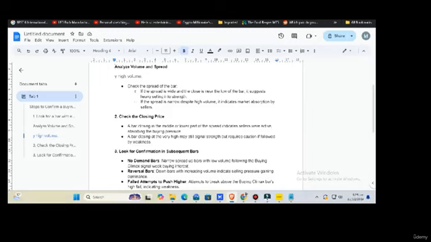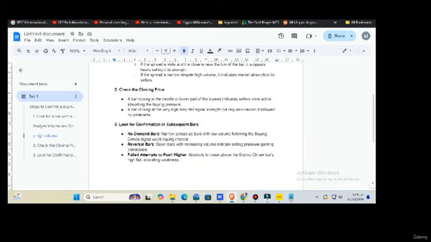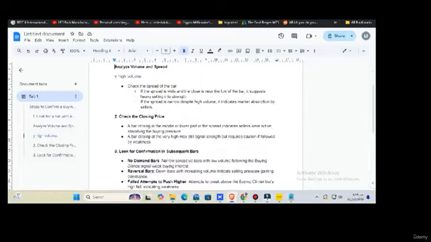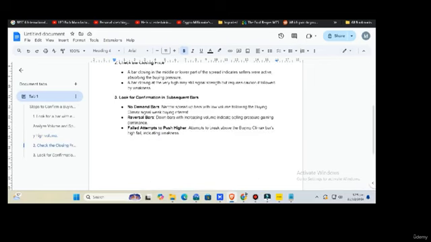Another one is to check the closing bar. A bar closes in the middle or lower part of the spread, where sellers are active and absorbing the buying pressure. A bar that closes at the very high may still signal strength but requires caution if followed by weakness. Then look for confirmation in subsequent bars.